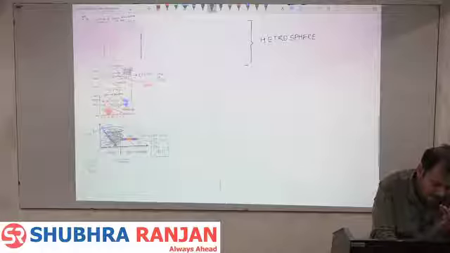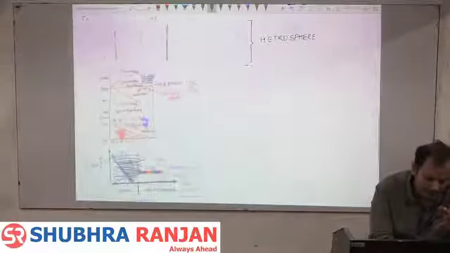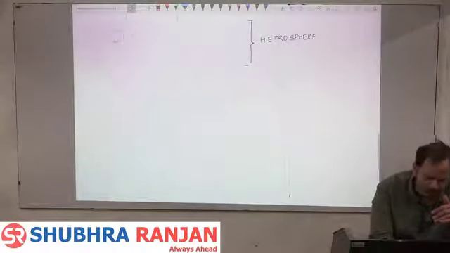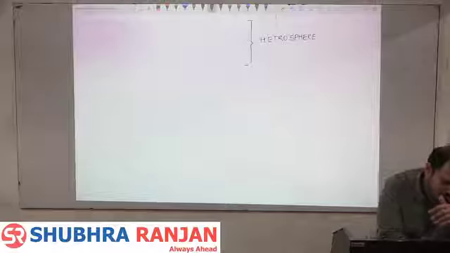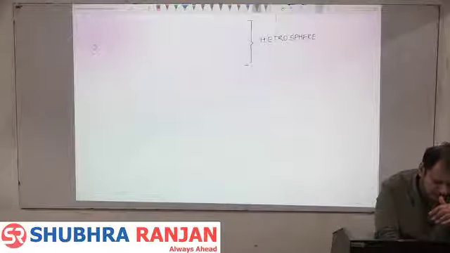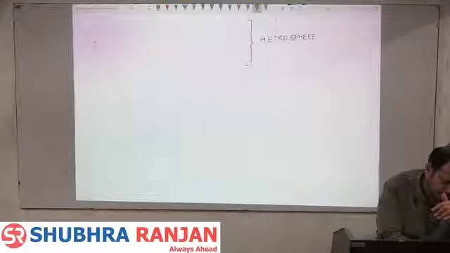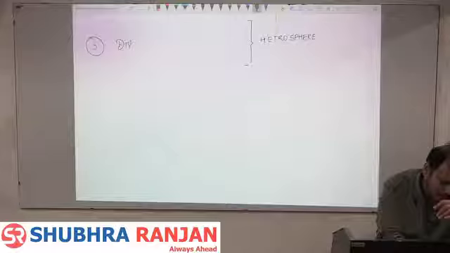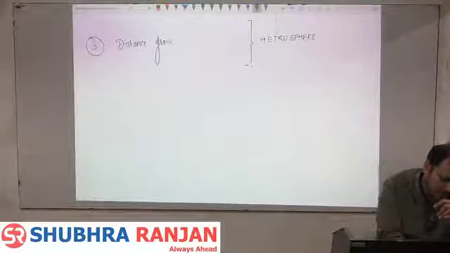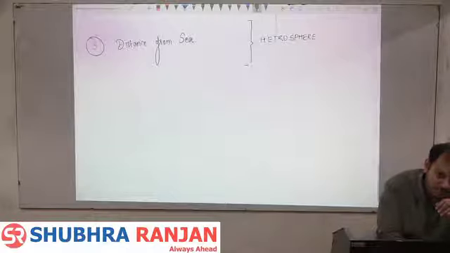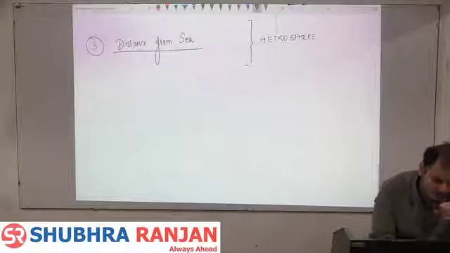The next factor is, now these factors very quickly, so that we only need to understand the anomalous temperature. Distance from the sea of any place, fine, or distance from the water body.